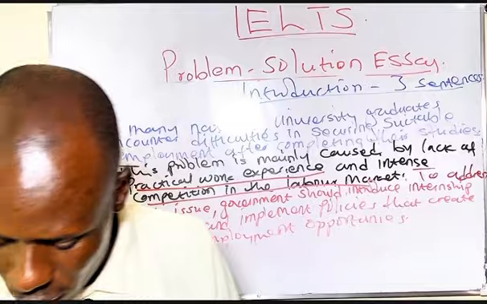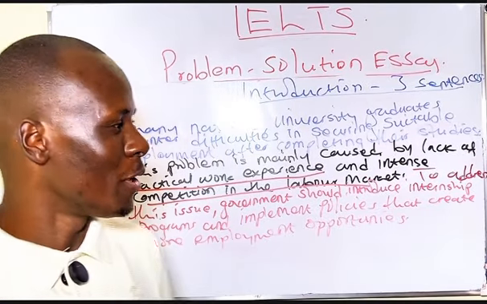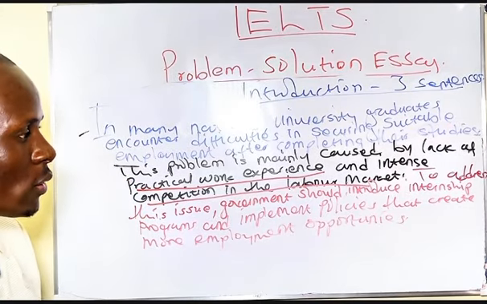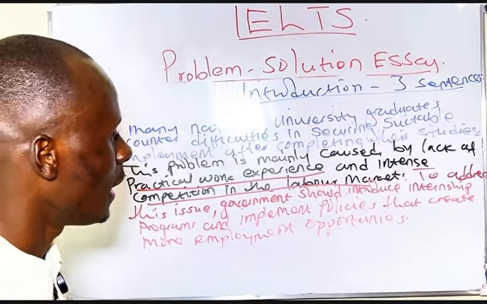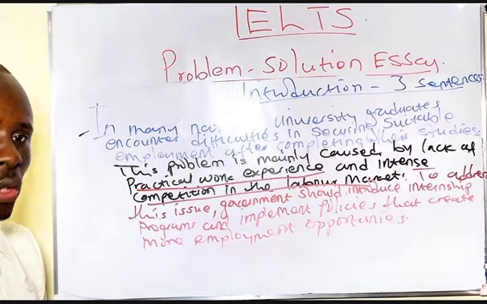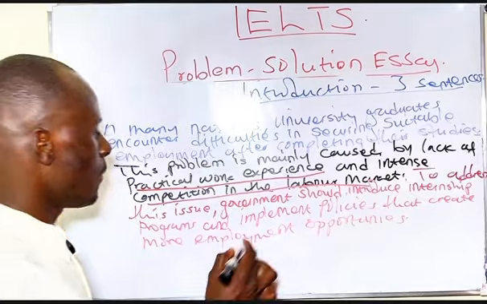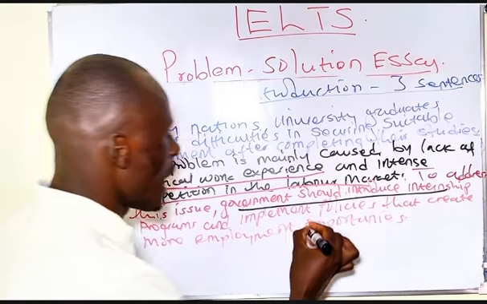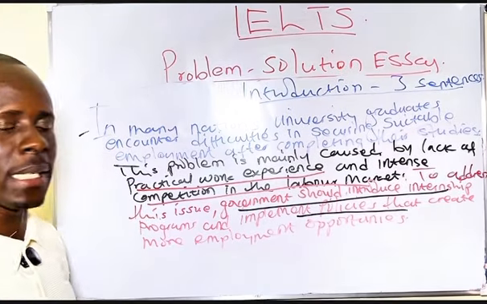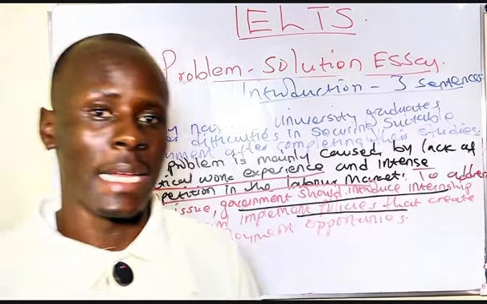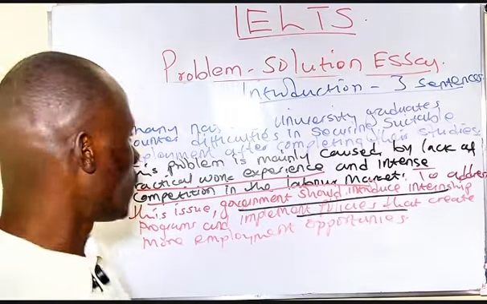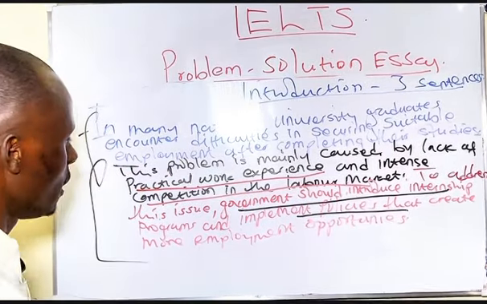You have your introduction. You have reasons why this is happening, and you have the solutions. We are saying that the government should introduce internship programs, and also they have to implement policies that will create more job opportunities in the labor market. So that is our introduction.